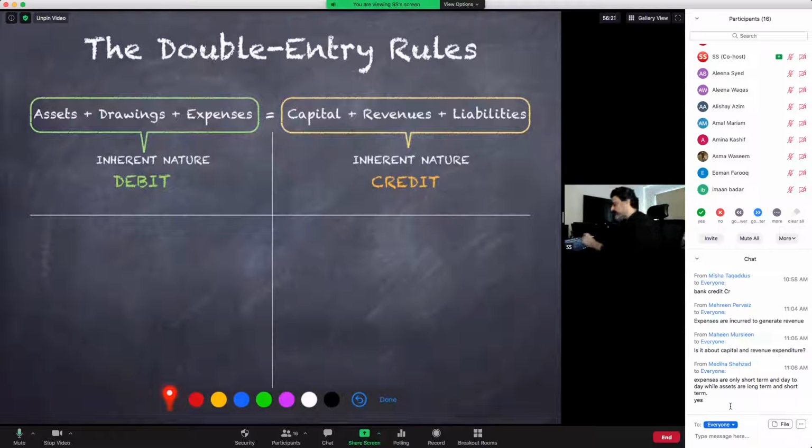So all of these spendings have this common nature that they all represent the application of existing funds. However, the spendings towards assets are more tangible in nature, like motor vehicle, land and building, furniture, fixtures, they have a physical existence. Whereas spendings towards expenses are more intangible in nature, like rent, electricity bills, salaries of the employees, etc.